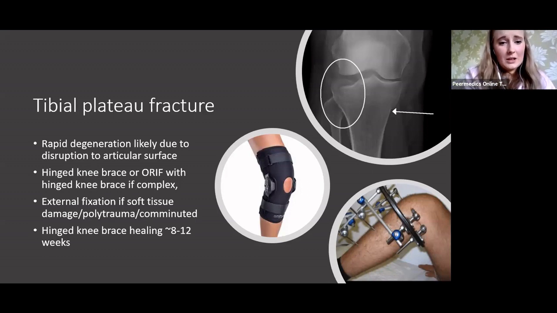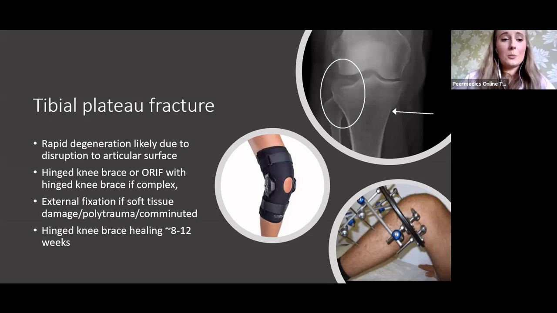So you want to either get it protected with a hinged knee brace if you can manage it conservatively, or consider open reduction internal fixation and then putting a hinged knee brace on it if it's a little bit complicated.